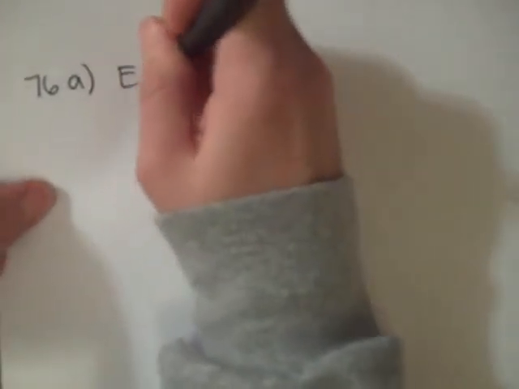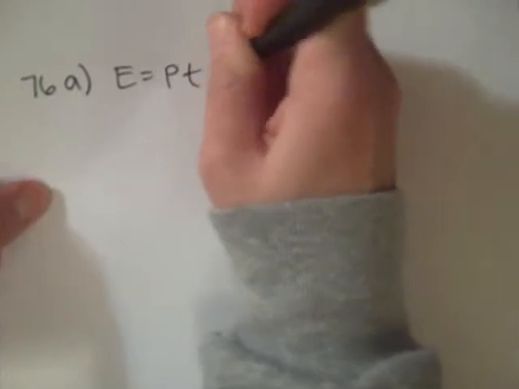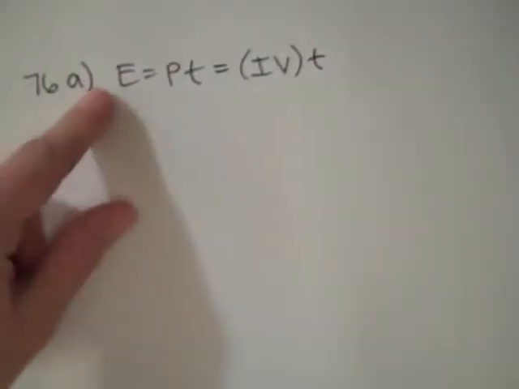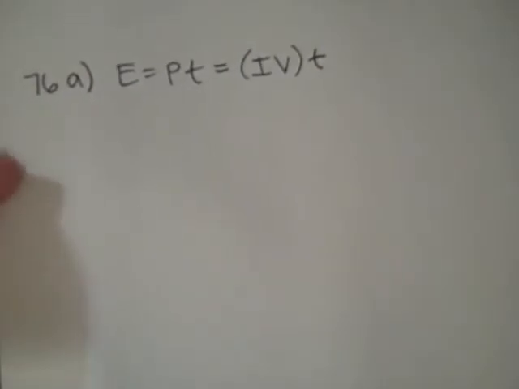So this is number 76, part A. There we go. So energy is always going to be power times time, and power is current times voltage. So what you end up getting is energy equals IV times T.